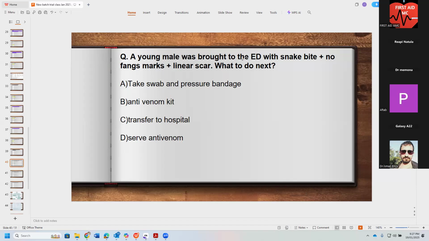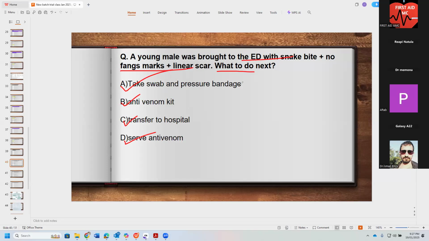Alrighty. A young male was brought to the emergency department with a snake bite, no fang marks, but there is a linear scar. What do you want to do next? This is very commonly seen in Australia because of lots of snakes here, and most of them are poisonous. Take a swab and do a pressure bandage, anti-venom kit, transfer to hospital, serve anti-venom.